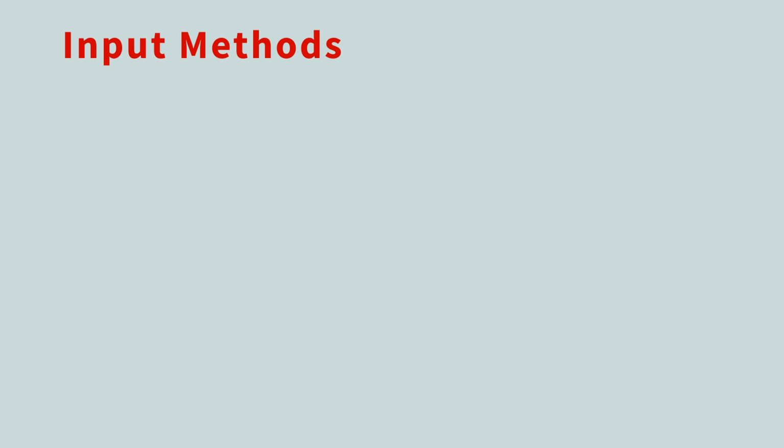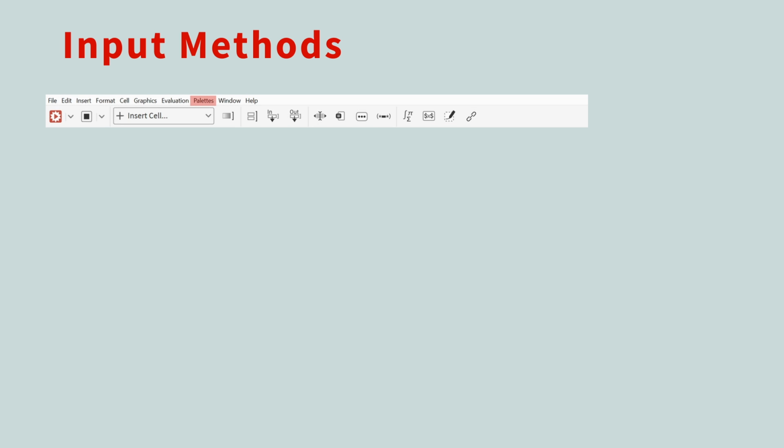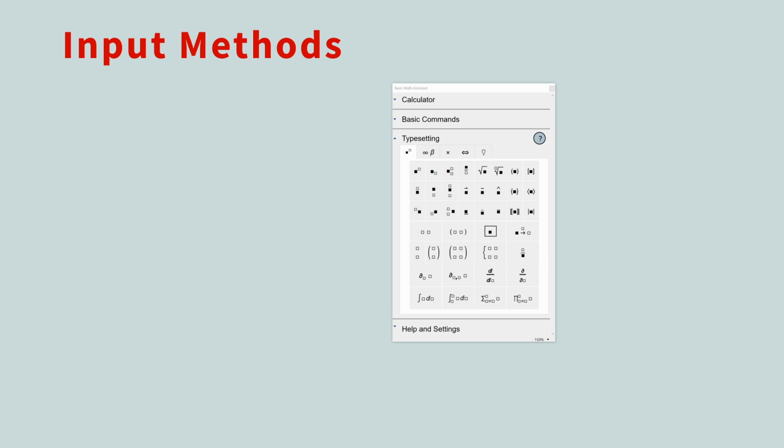When typing in integration commands, you also have the ability to enter the command just as you would write it mathematically. To see how, visit the menu, click on Palettes, and then select Basic Math Assistant. The pop-up has a large collection of buttons and commands you can use with a single click.